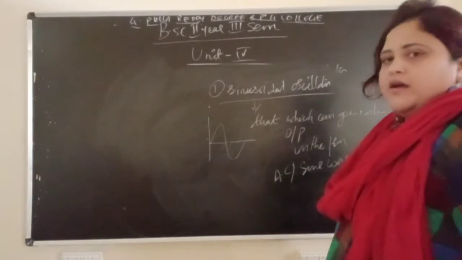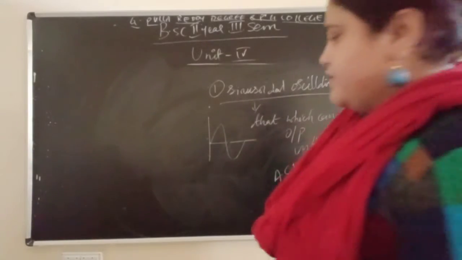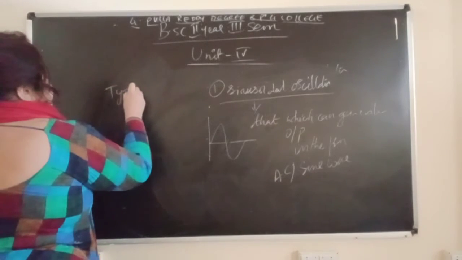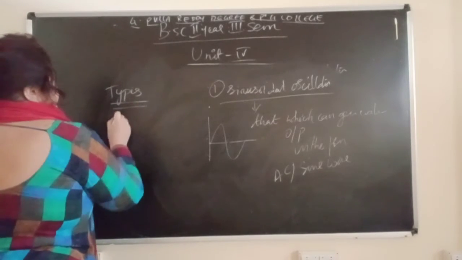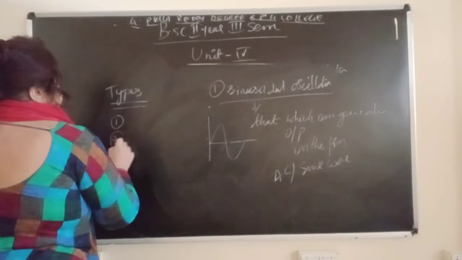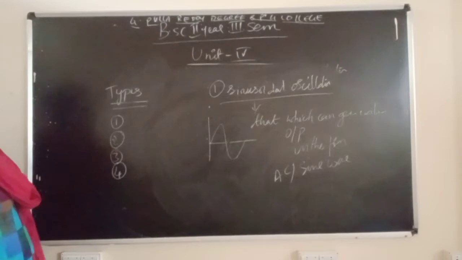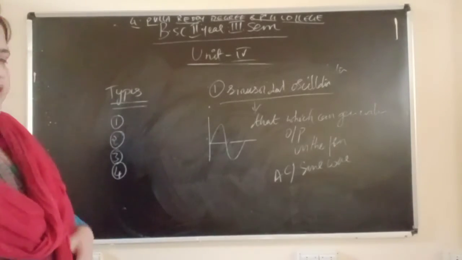Okay. Now, types of sinusoidal oscillators. There are 4 types of sinusoidal oscillators. Sinusoidal oscillators means what?